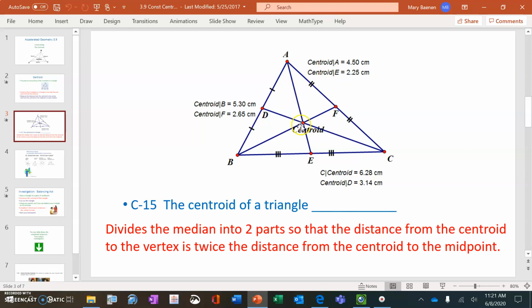From the centroid to the midpoint E is 2.25. So the distance from the centroid to the vertex is twice the distance from the centroid to the midpoint. And that happens on the other 2 medians also. So now we have 4 points of concurrency that you have to know.